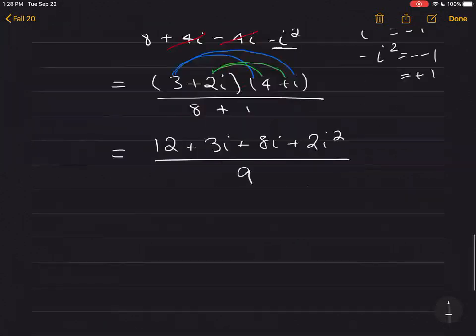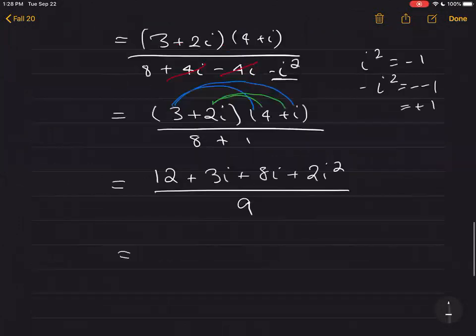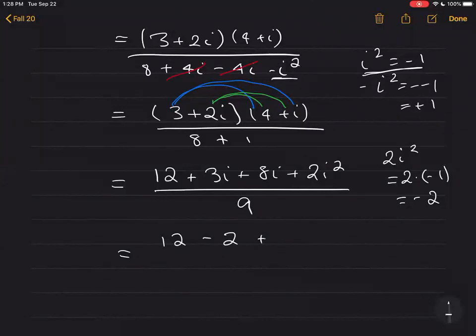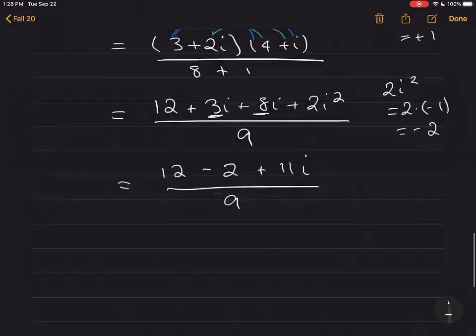And then if we combine like terms on the top, remember, if i squared is -1, then 2i squared is going to be 2 times -1, which is -2. So this is going to be 12 minus 2 plus, and 3i plus 8i is going to be 11i all over 17. And then we get 10 plus 11i over 17.